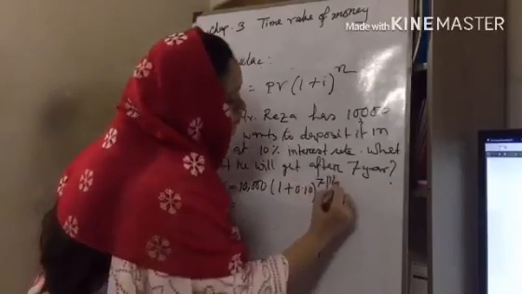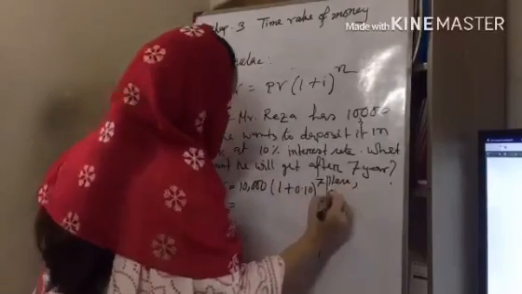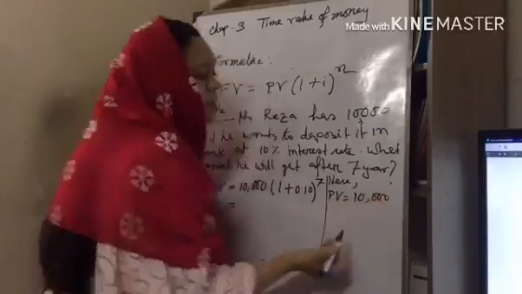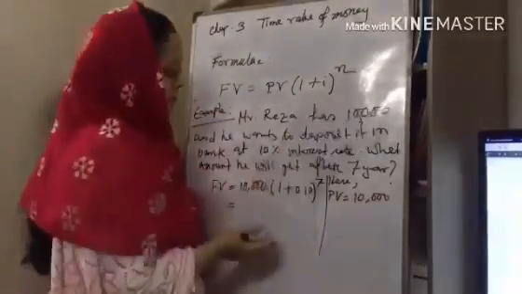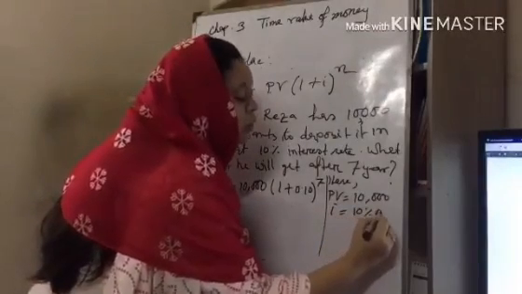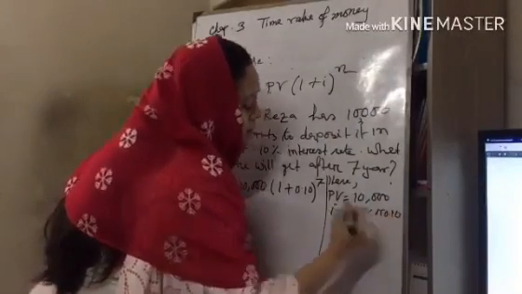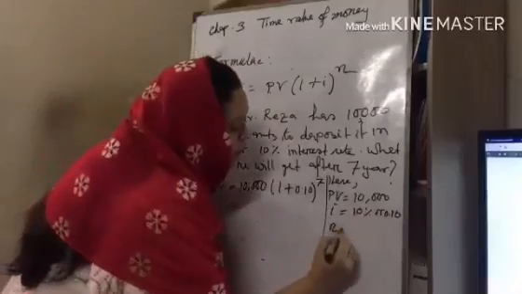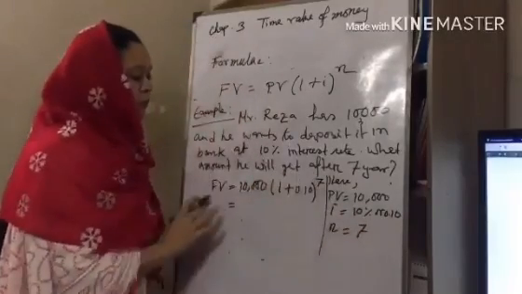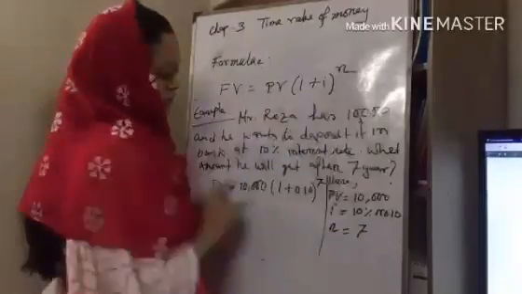Here the present value equals 10,000, right? And I get it from the question. I equals 10% or 0.10, and number of years 7. All the information we collect from the question.